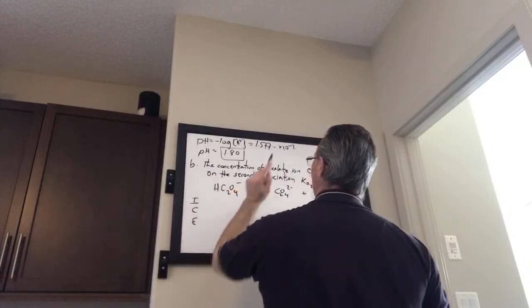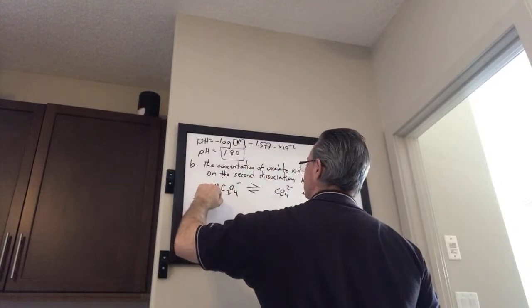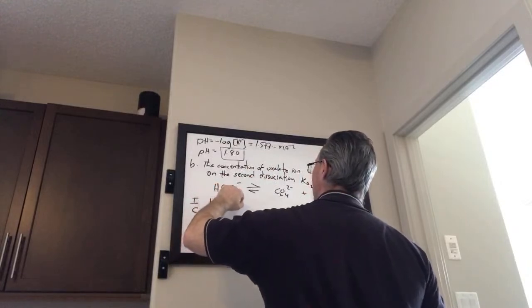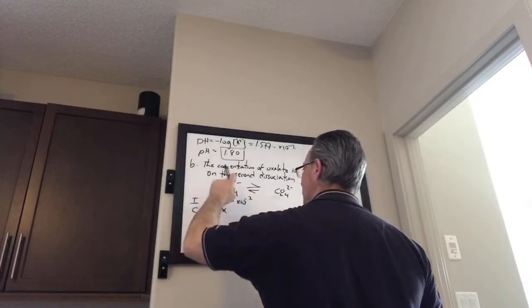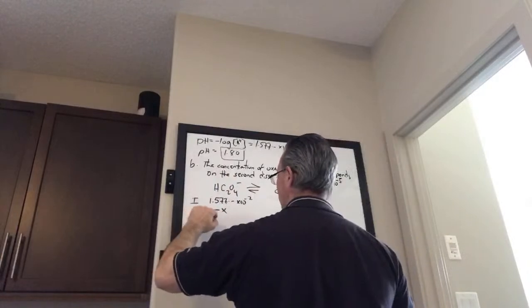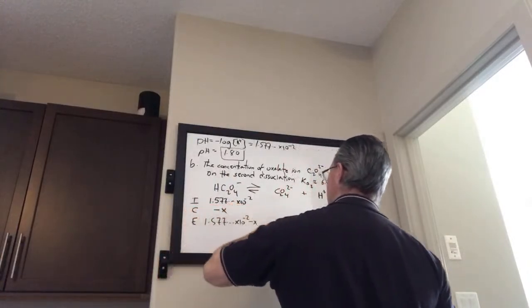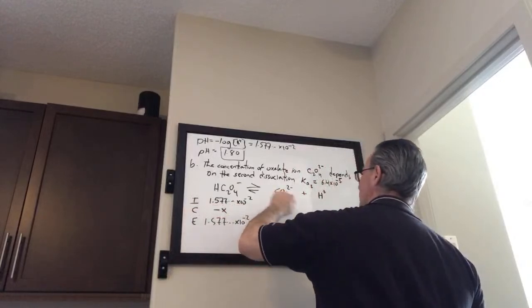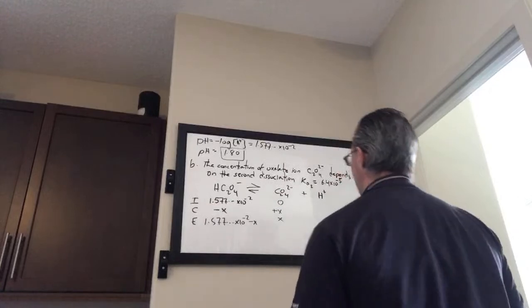We know that there's that much of the hydrogen oxalate, 1.577, etc., times 10 to the minus 2, yet more dissociate. This dissociates to produce the oxalate anion, so 1.577, etc., times 10 to the negative 2 minus x. This starts off at 0, plus x appears, and x is present at equilibrium.